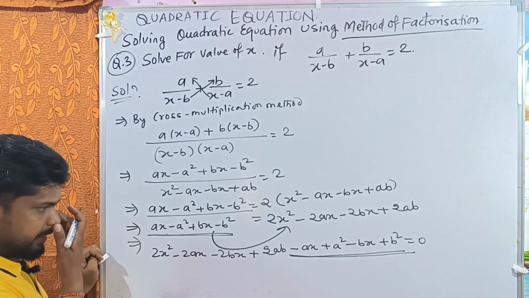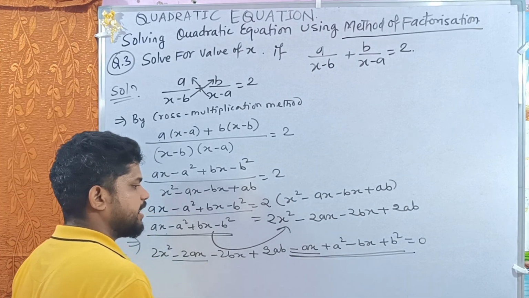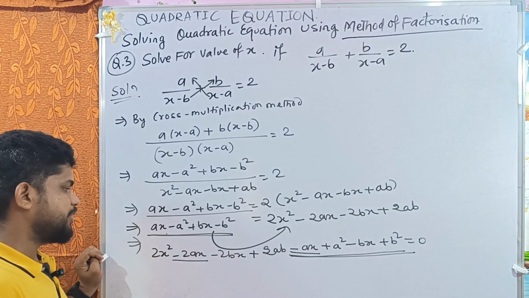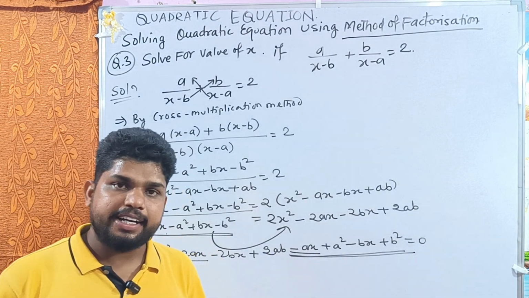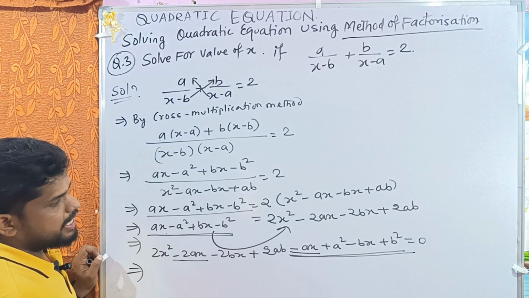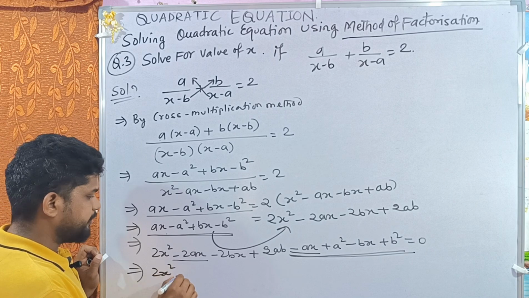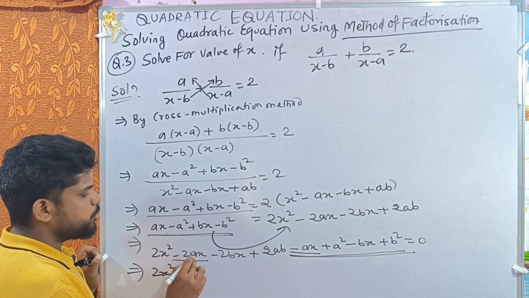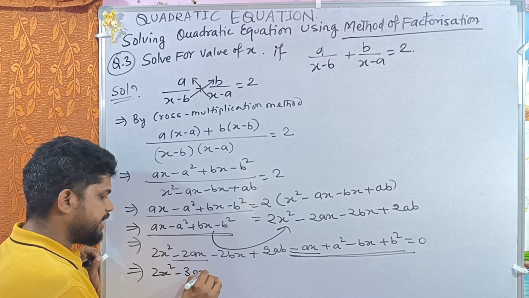Since I can see that minus 2ax and minus ax are like terms, and generally like terms are added, we will add these and rewrite it as 2x square minus 2x minus ax, that is minus 3ax.